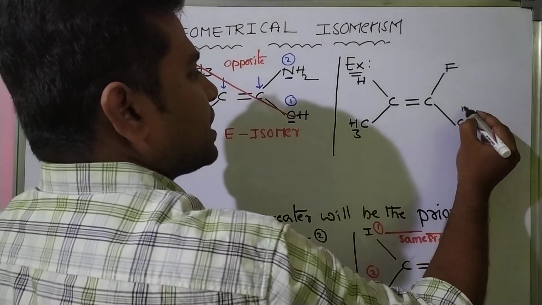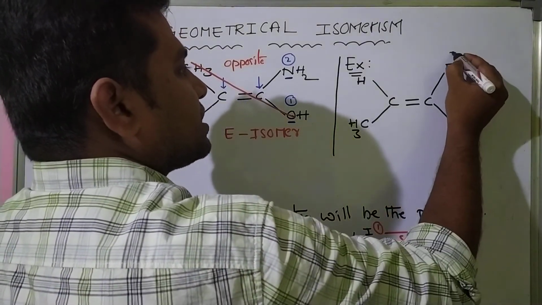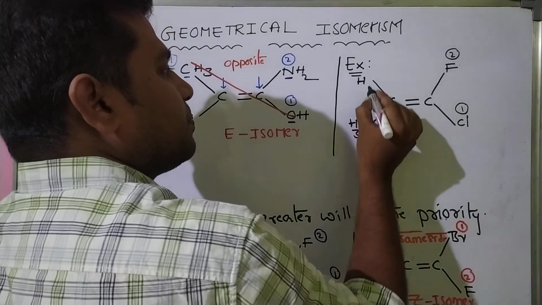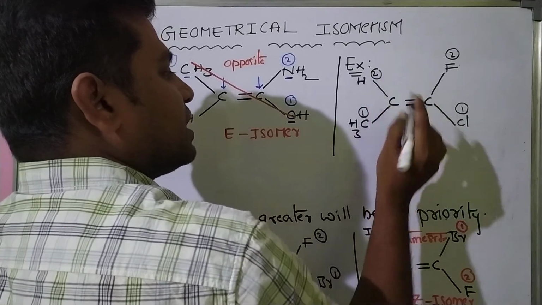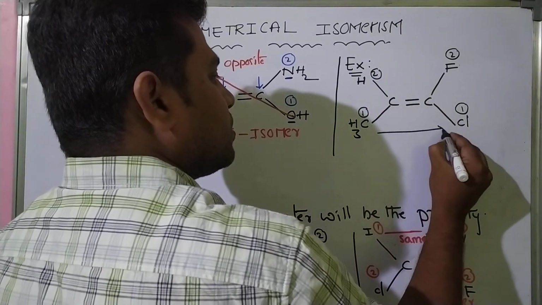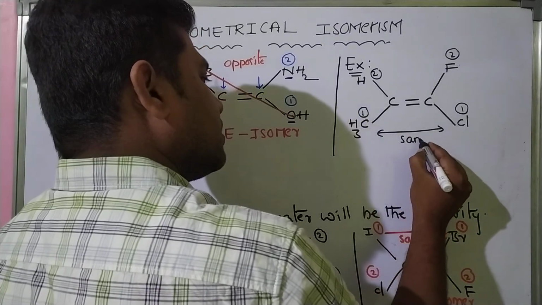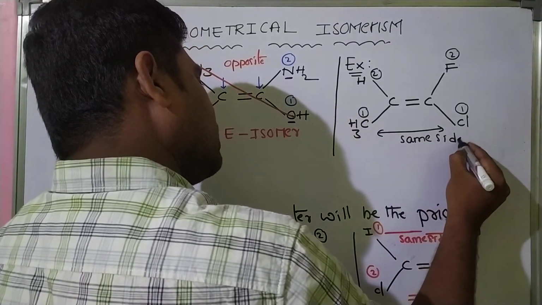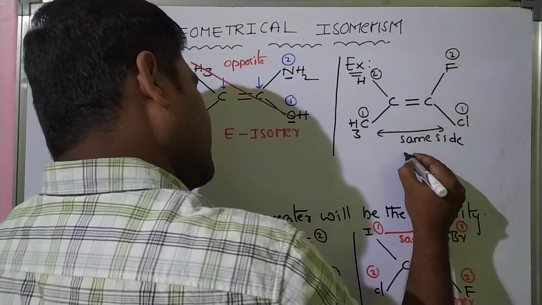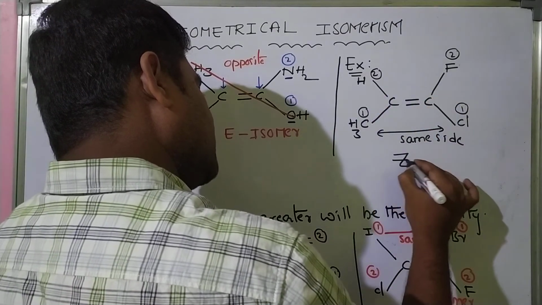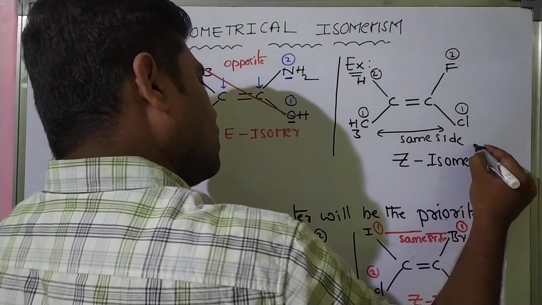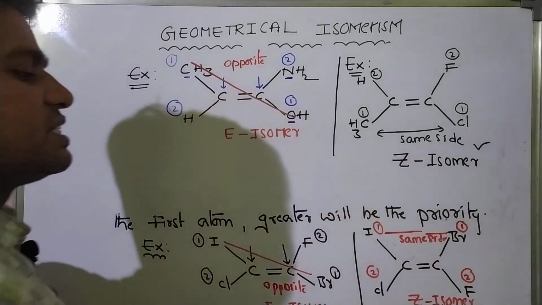So this is first priority. It will get second priority. Now for this first priority, hydrogen gets second priority. Here first priority groups are on the same side with respect to this carbon-carbon double bond. So it is Z isomer. Okay, students, please note these examples.